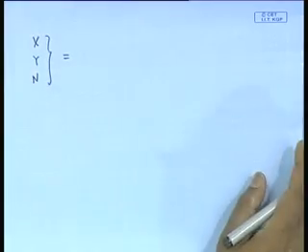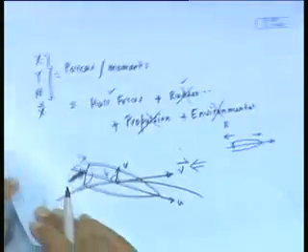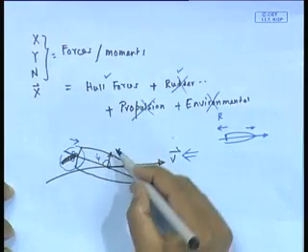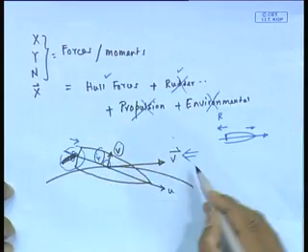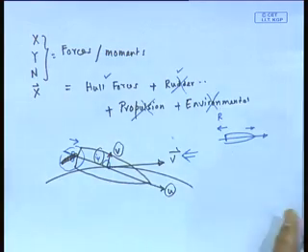Now, number 1, remember these forces are arising. Why they are arising? Because of the fact that it is having some v and some r and some u, and of course, the acceleration.